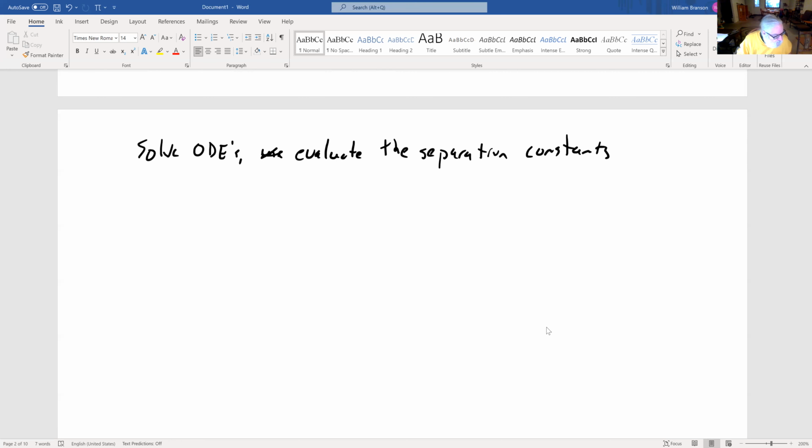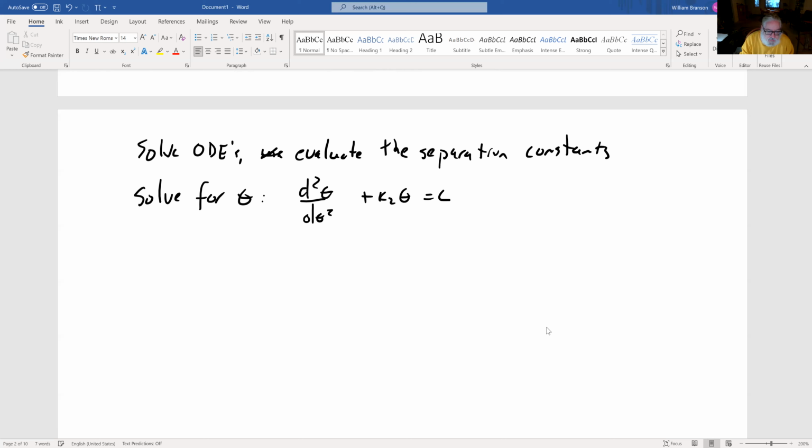So we'll start by solving for theta. Right, and our equation was d squared theta d theta squared plus K2 theta equals 0, and theta of theta plus 2 pi has to be equal to theta of theta.